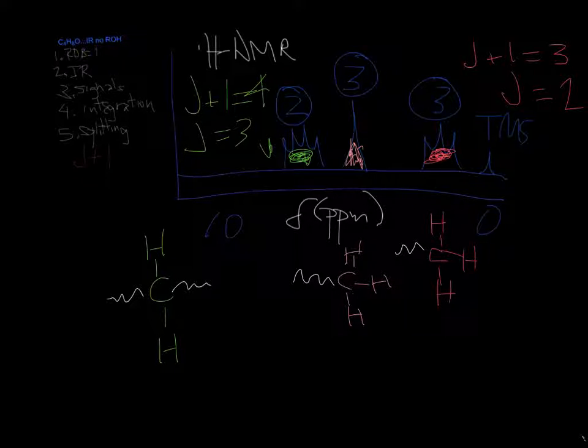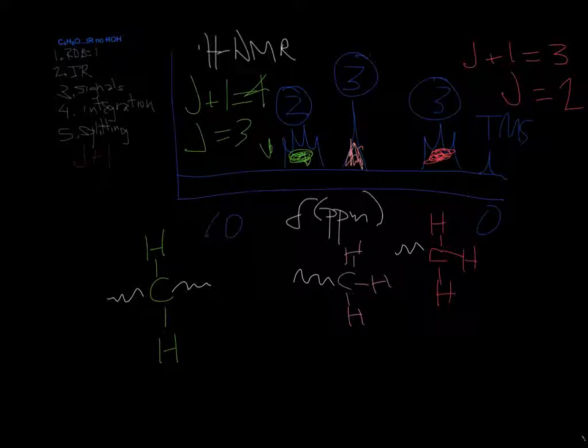So now we can start to put some of these pieces together. This one right here has to be next door to something that has a grand total of 3. Do we have a carbon that has 3 hydrogens on it? Yes. Now, what we don't know is if it's this one or this one.